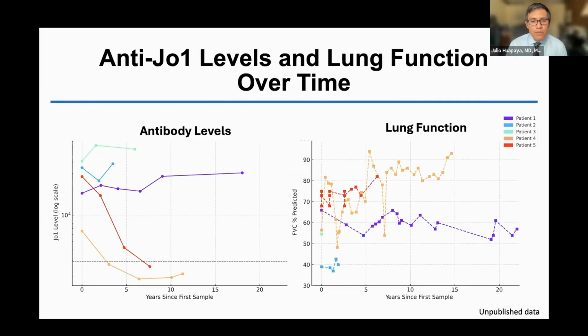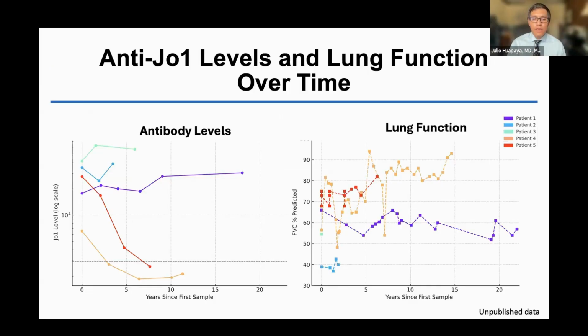We obtained samples from the Johns Hopkins Myositis Center, and here I'm showing you the antibody levels on the left side, lung function on the right, and on the x-axis, I'm showing time.